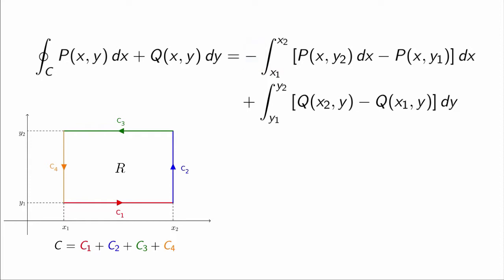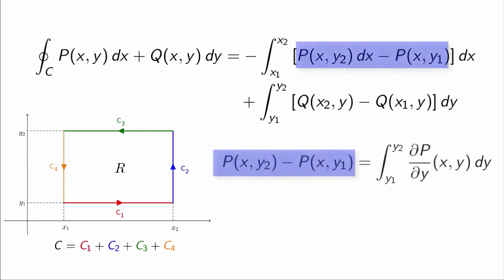The difference in each integrand can be written as yet another integral using the fundamental theorem of calculus. For example, for each fixed value of x, we can express the difference p of x, y2 minus p of x, y1 as the definite integral with respect to y of dp by dy.